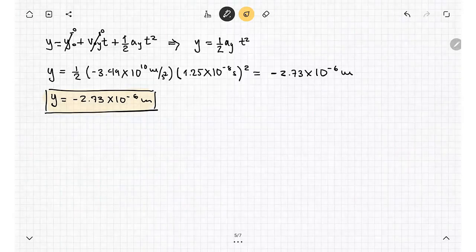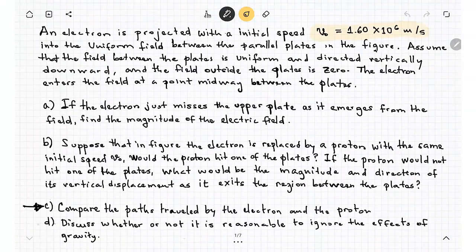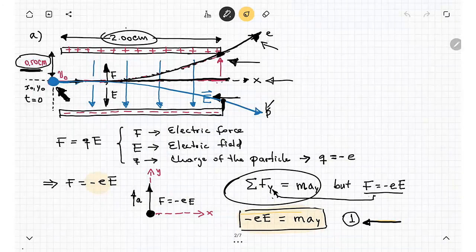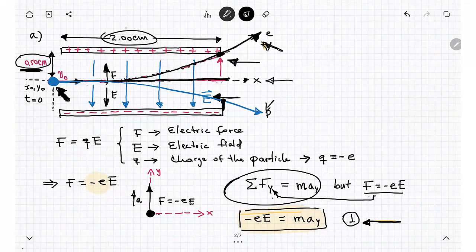Okay, guys, part C is compare the paths traveled by the electron and the proton. Yeah, we already answered that right here. This is the electron. This is the proton. So they are in opposite directions, right?